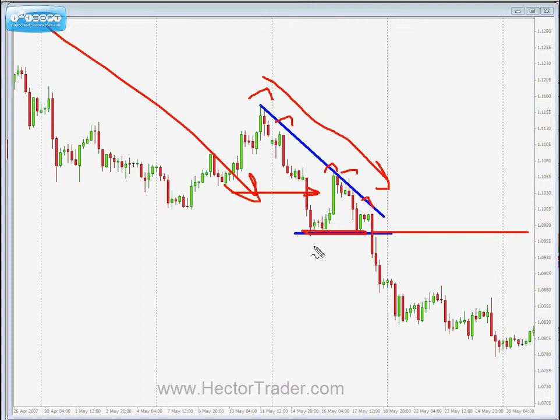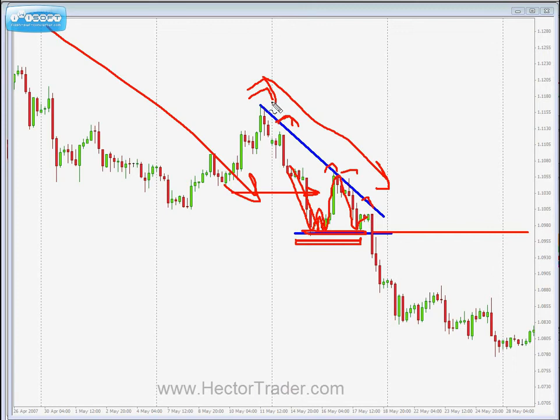Basically what happens in this type of case is that this is the bulls' last line of defense, and the bears keep unleashing attacks at this level, and the bulls reject them once, reject them twice. The bears attack, try to unleash another attack. The bulls defend that level once again.